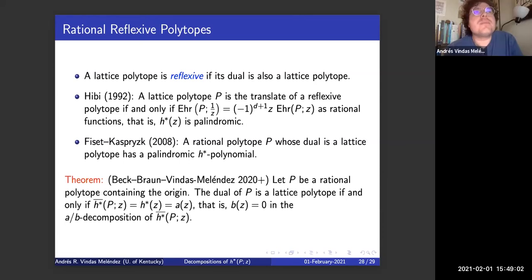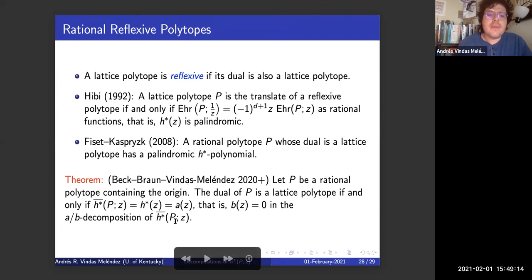I see. I guess I don't know about computationally how difficult it might be. The reason, and I left this out of the talk because I thought I was going to go over, but one application of this is for something called L-reflexive polytopes. And so we use this to give an application to something by Kasprzyk and Nill, to classify the H star polynomials for these polygons that arise in their work.